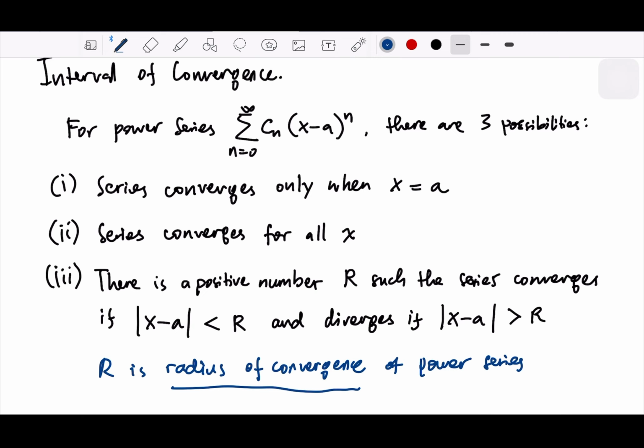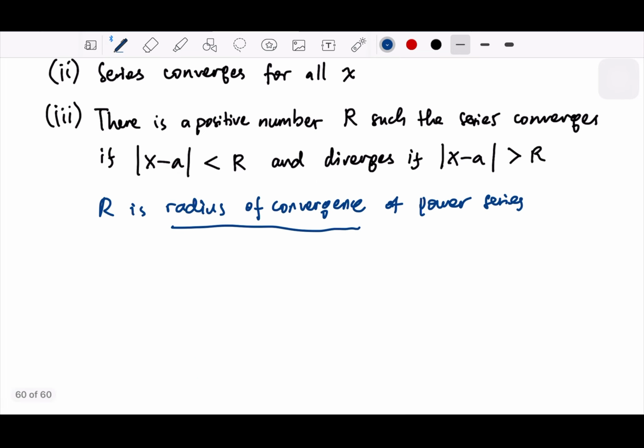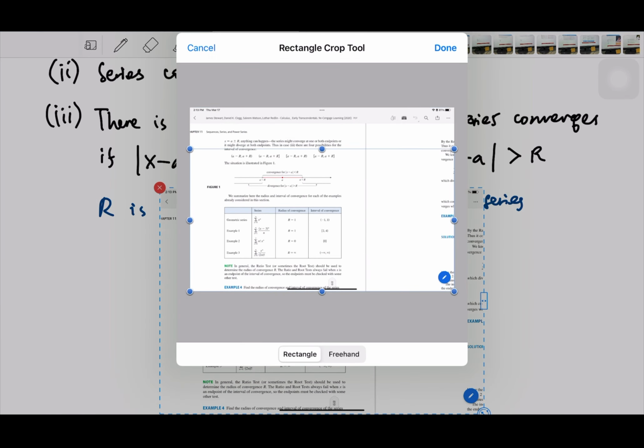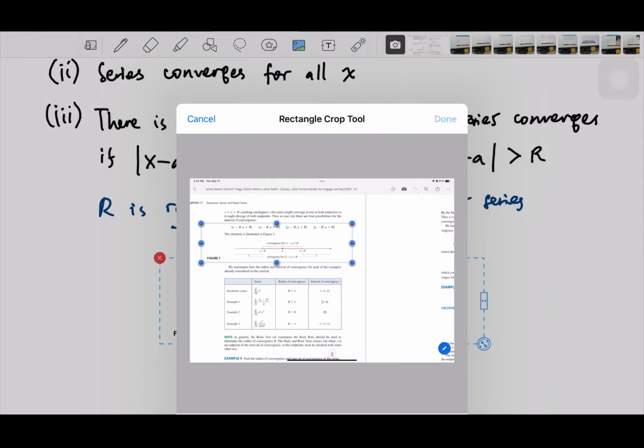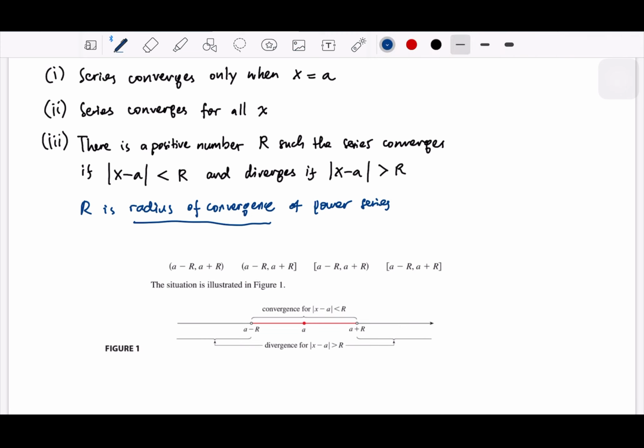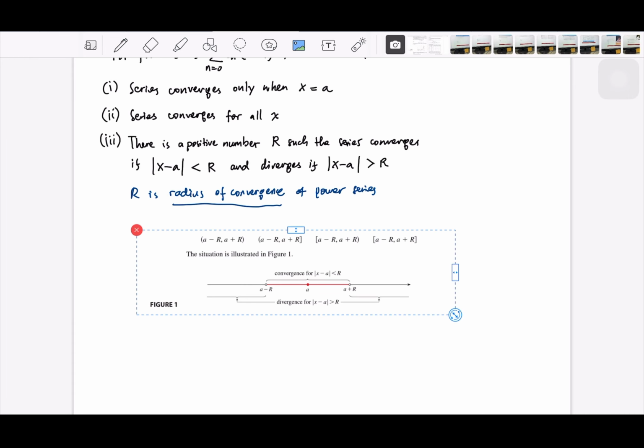Okay, let me put up the graph, a little bit bigger.